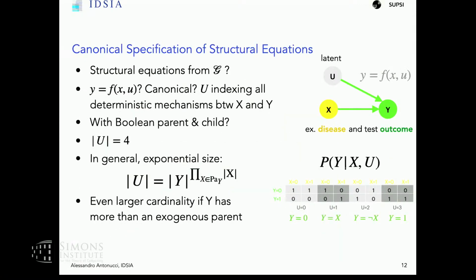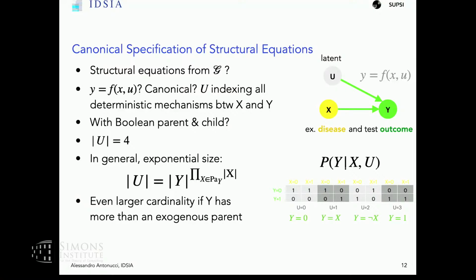If we don't have the equations, we can consider a conservative approach. Let me use this example. We have a Boolean variable X and a Boolean variable Y, and these are endogenous. These are observable. And we have a latent exogenous parent U. For each value of U, the relation between X and Y should be deterministic.